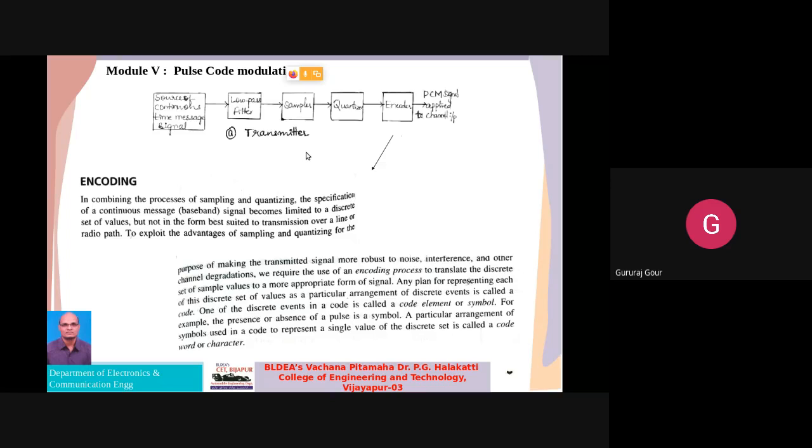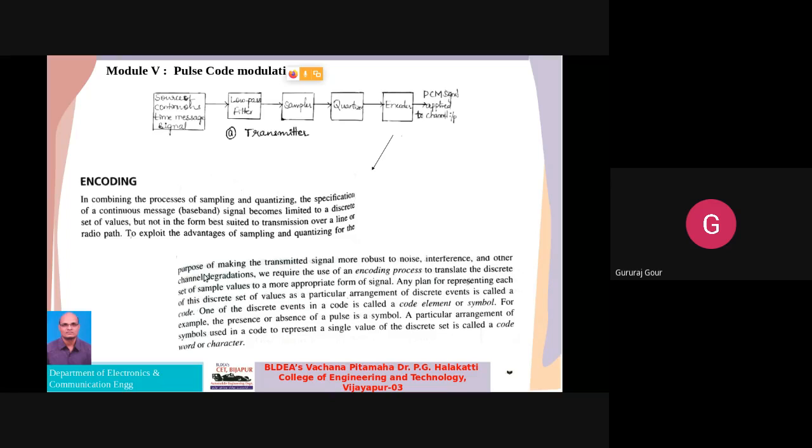We converted the continuous time domain signal into discrete values. The discrete set of values is converted with the help of the quantizer into some nearest analog values. Then these samples with the nearest values are not suitable to be transmitted over the radio path or communication path. So what we have to do is the coding process here.